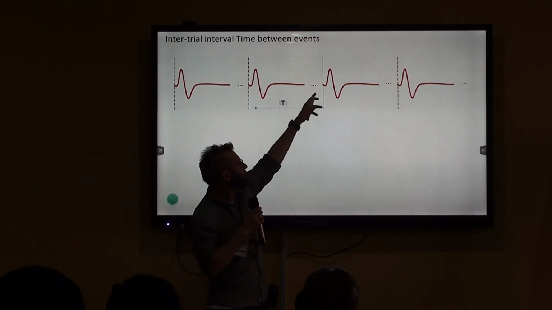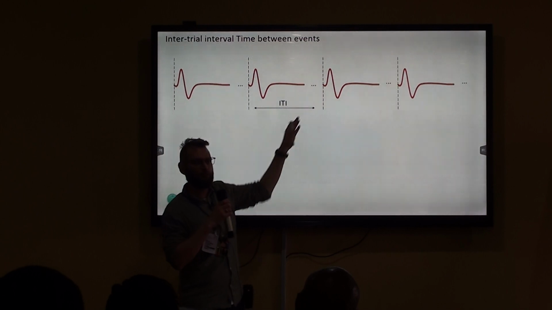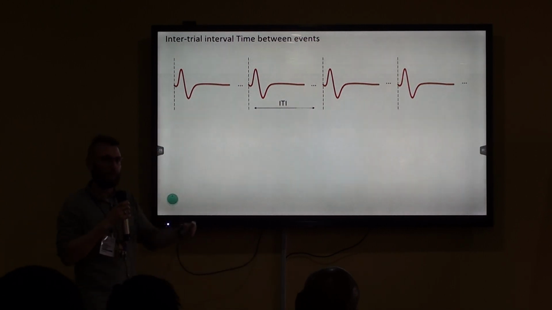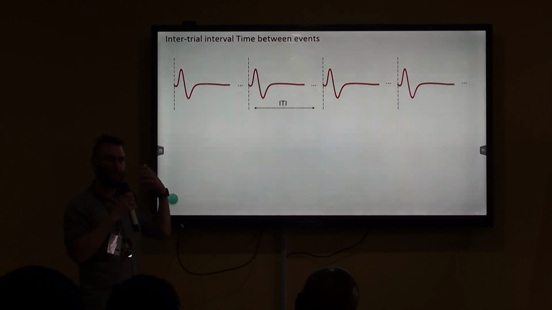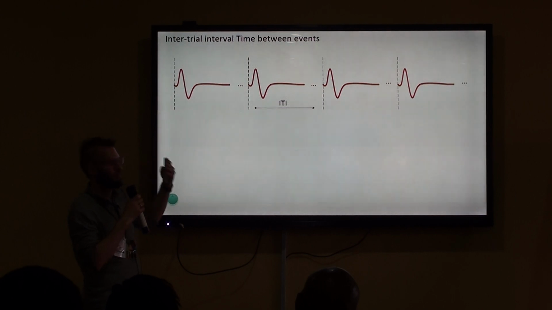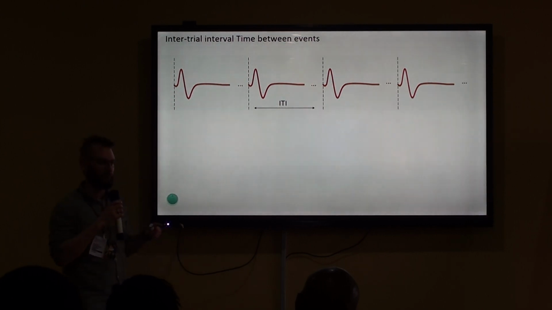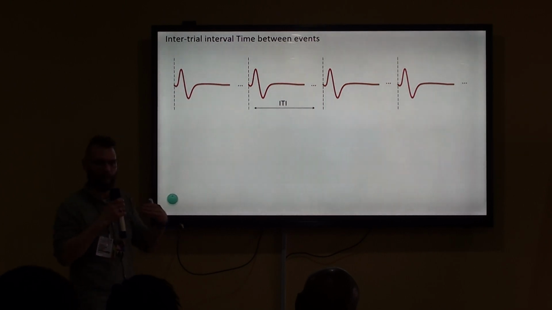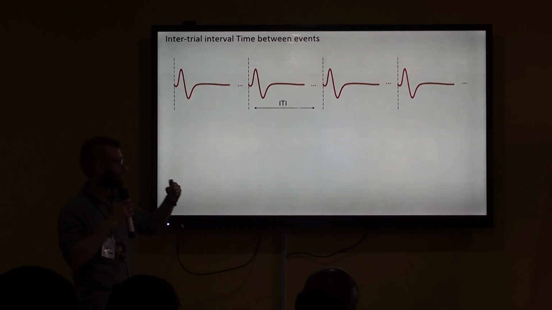And I also added these small dots, to say that in most cases we also want to do a small random jitter, so it's not completely predictable. That's basically because the brain is really good at predicting things. So you might start to get some prediction effects on responses, especially in tasks where people have to respond fast. You see them go into a readiness state before the stimulus actually appears.